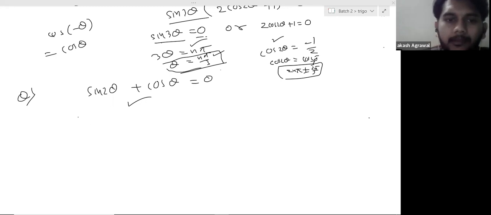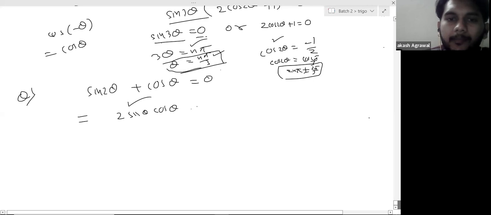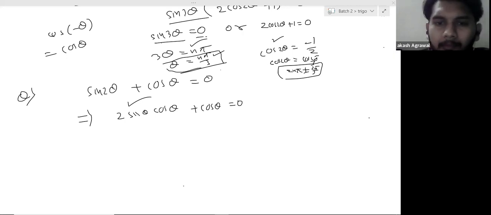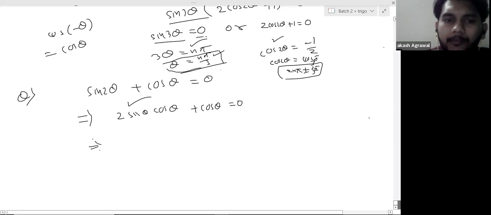All right. So sine 2 theta we can write as 2 sine theta cos theta, plus cos theta is equal to 0. Absolutely right, Aman. But you don't need to use this sine A plus sine B, right? You can just take cos theta common. This will be cos theta times (2 sine theta plus 1) equals 0.